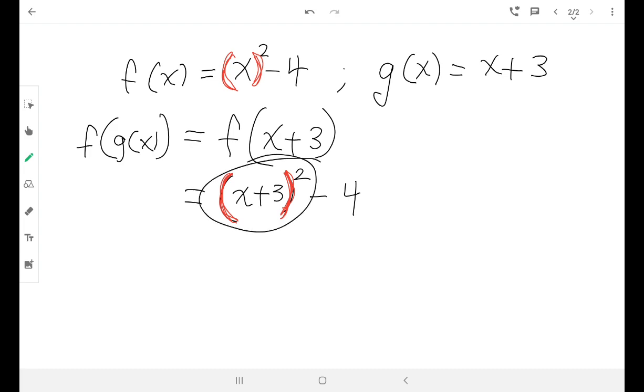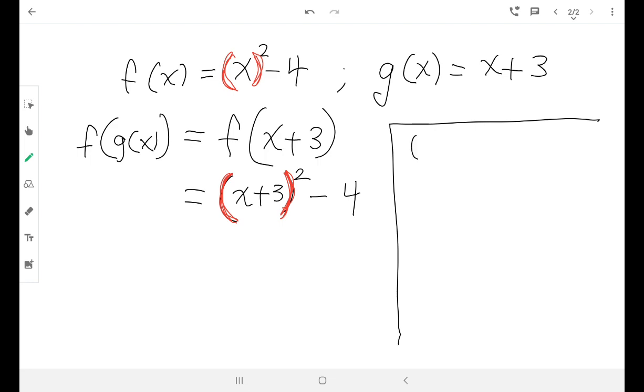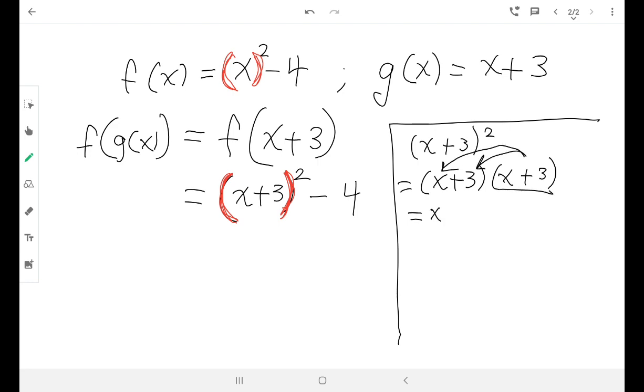Then you got to figure out an answer for this, and you got to simplify as much as you can. So this is going to take a little bit of side work. x plus 3 squared is x plus 3 times x plus 3, which is, and then you're going to take this and distribute it to each one of these. So that's x times x plus 3 plus 3 times x plus 3. And then you distribute this way with everything.